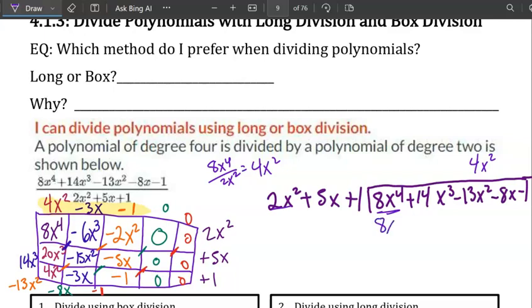We have 8x to the fourth, 20x to the third, and 4x squared. They were all positive, so then you're going to change the signs. And in this case, they're all going to be negative. Subtract, you get negative 6x cubed minus 17x squared, and then you'll bring down the minus 8x.